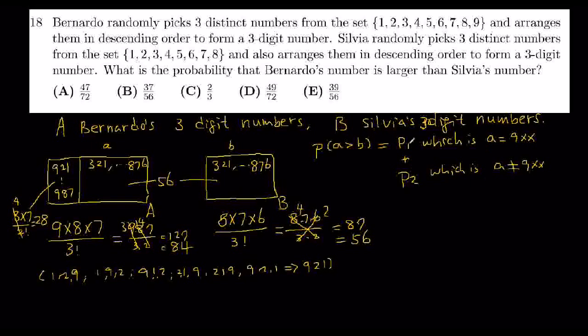So probability 1 is where A is selected from this area, and probability 2 means A is selected from this part.